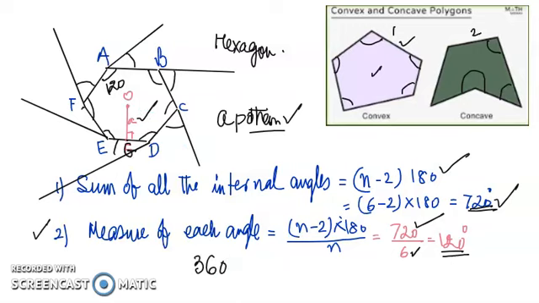The sum of the external angles is 360, and that is for any figure: 6-sided, 7-sided, 9-sided, 12-sided. This is going to be 360 in each case, which is really an interesting fact. So you must remember this. The sum of the external angles of a regular polygon is 360 degrees. So these were a few important theorems which have been discussed.